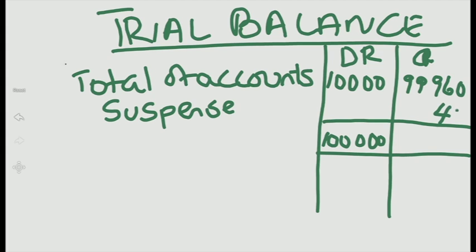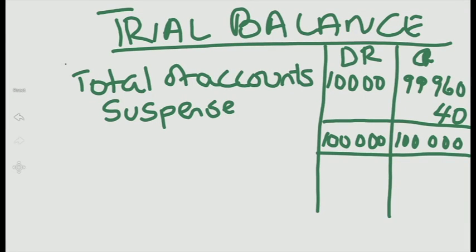Our suspense will be 40. When we add 40 to 99,960, it gives us 100,000. We are not saying we will leave the trial balance like this. We need to investigate further so that we do away with the suspense account, as it is a temporary account until we discover where we have made the errors.